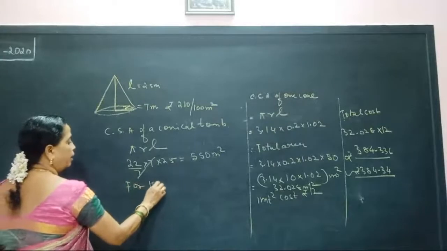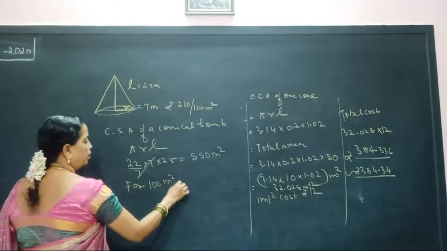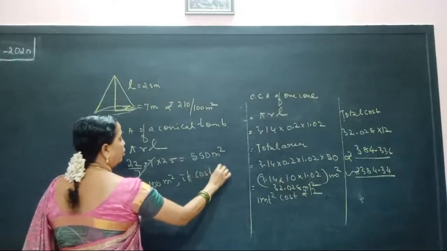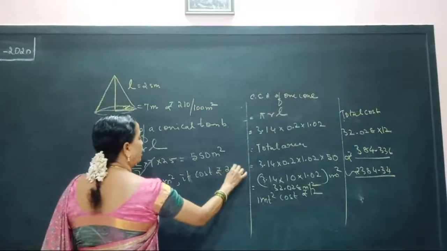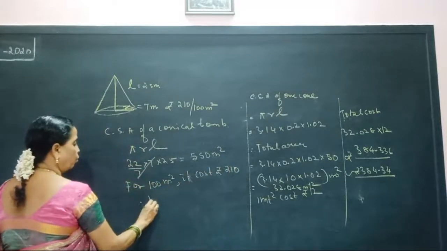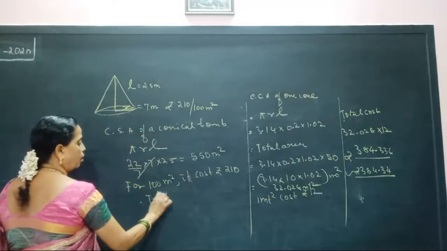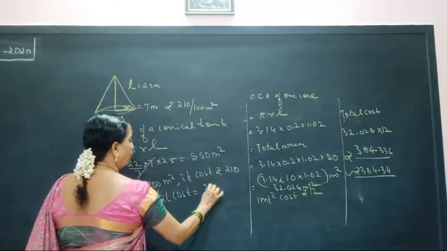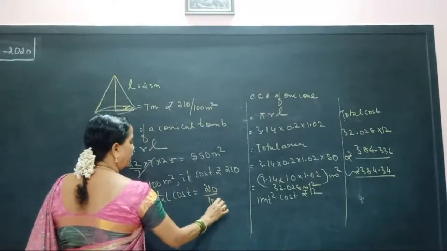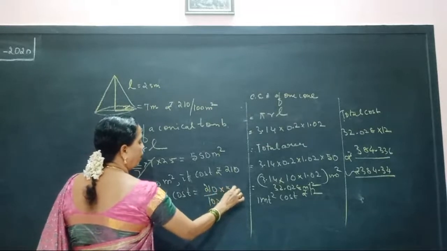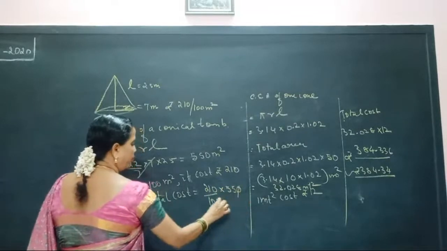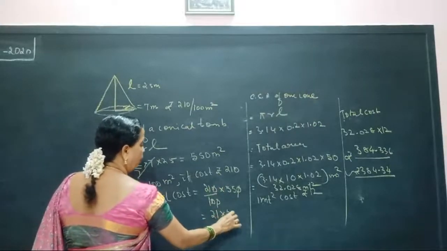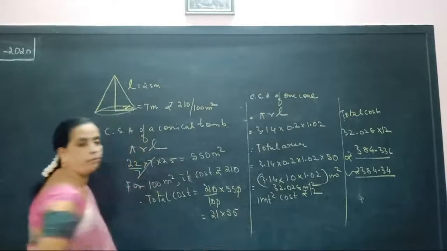For 100 meters square, it costs rupees 210. Therefore, total cost is, do the calculation, 210 by 100 into 550. Cancelling two zeros, get the product of 21 into 55.